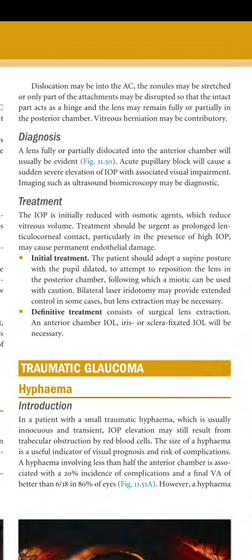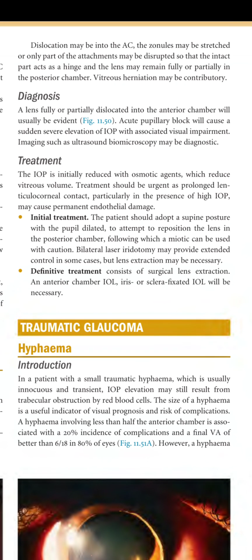A lens fully or partially dislocated into the anterior chamber will usually be evident. Acute pupillary block will cause a sudden severe elevation of IOP with associated visual impairment. Imaging such as ultrasound biomicroscopy may be diagnostic. The IOP is initially reduced with an osmotic agent, which reduces vitreous volume.